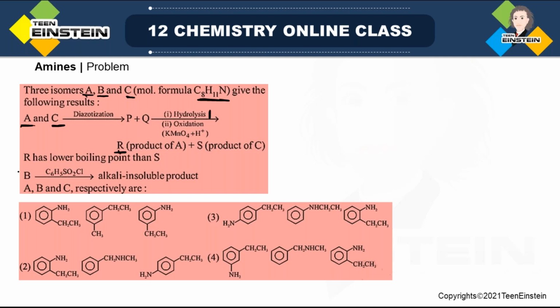Now another piece of information is that R has a lower boiling point than S, and the isomer B is not giving any diazotization, but another reaction is mentioned here. Look at this molecule, PhSO2Cl. It is producing an alkali insoluble product.